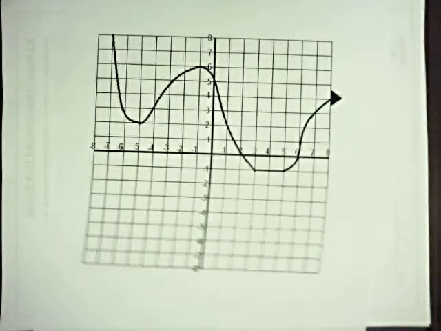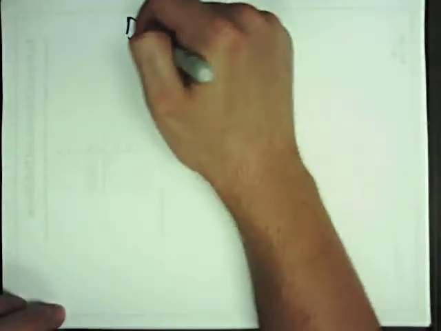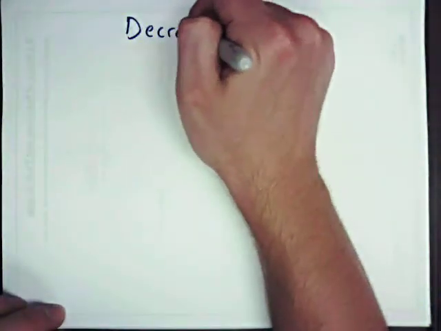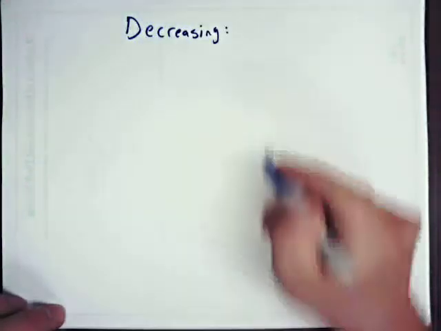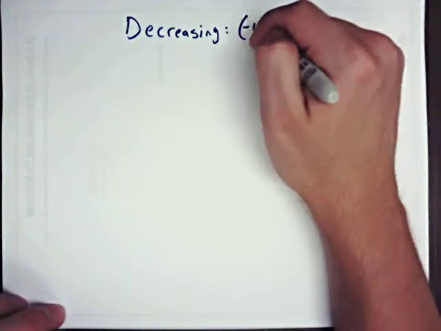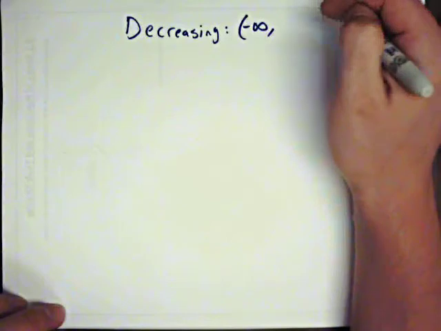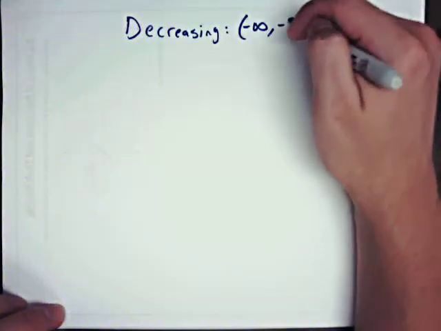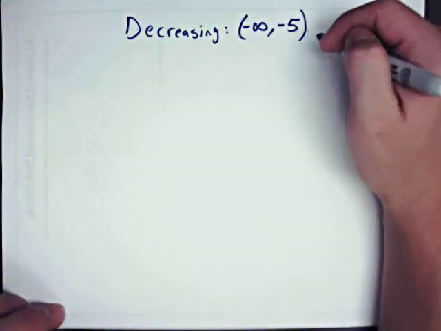So for decreasing, we have the intervals negative infinity and stopping at x equals negative 5.